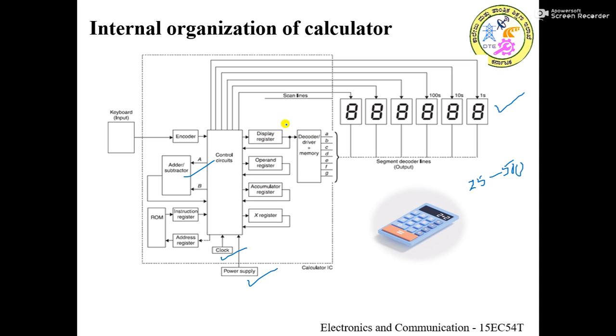Usually this is a BCD to 7 segment decoder, because we will be getting a binary code here, and we expect its equivalent 7 segment code.